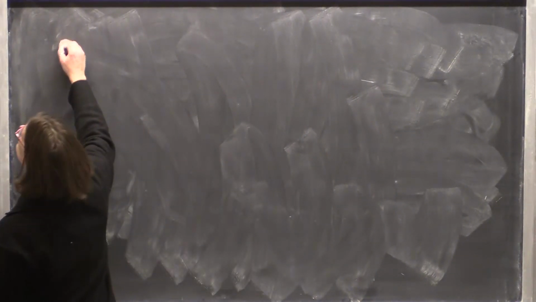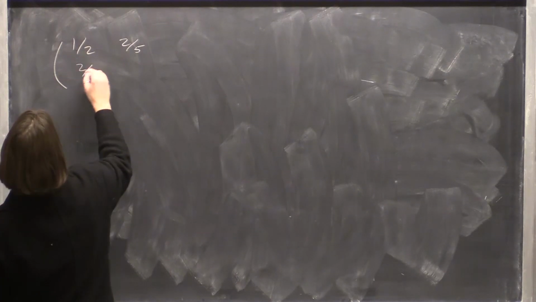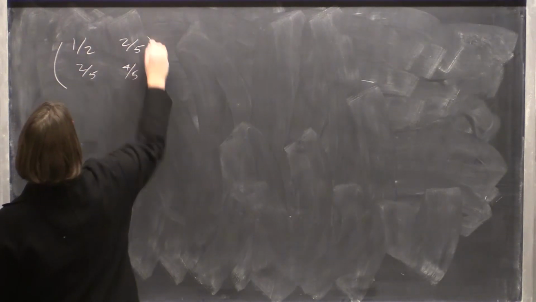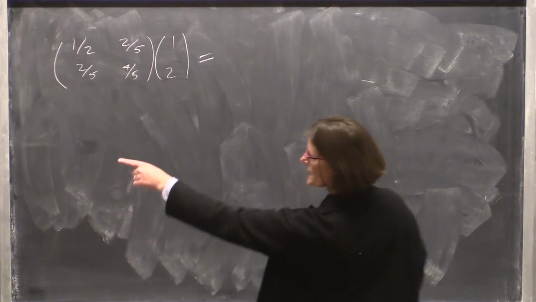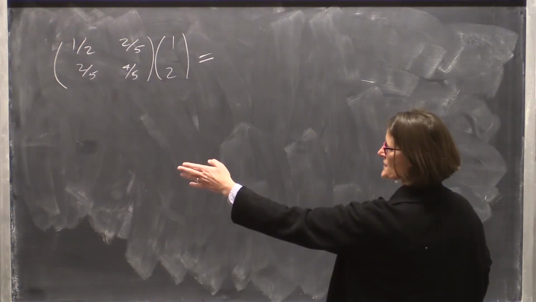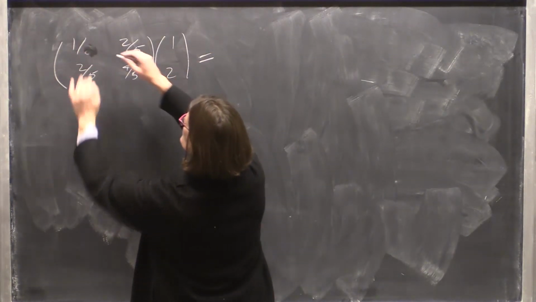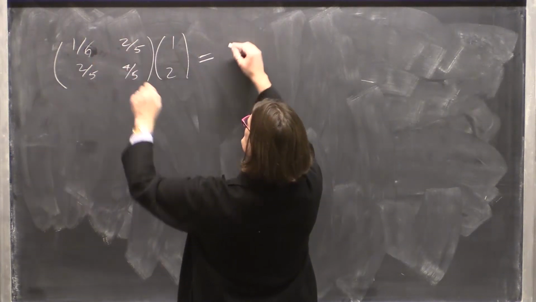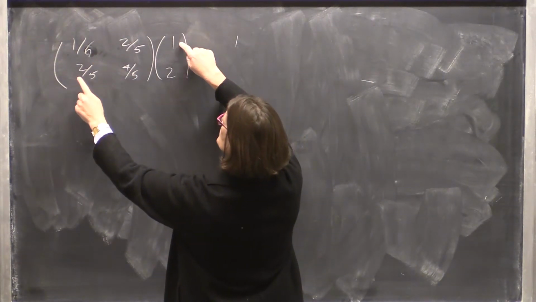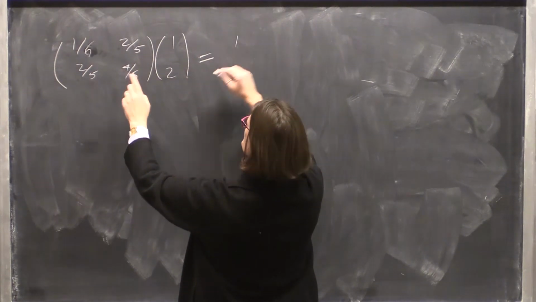Now we can check 1/5, 2/5, 2/5, 4/5 times 1, 2. I claim it's an eigenvector. To check if it's an eigenvector, I have to actually do the multiplication. 1/5 plus 4/5 is 5/5 is 1. 2/5 plus 8/5 is 10/5 is 2.